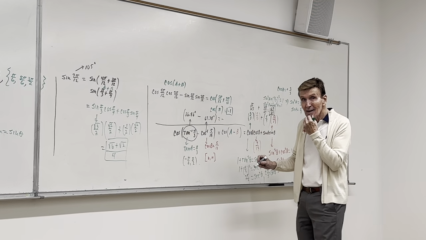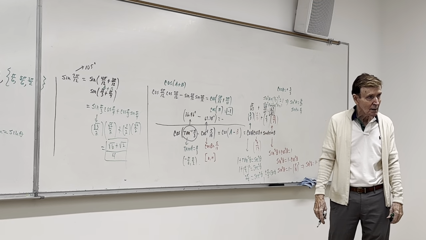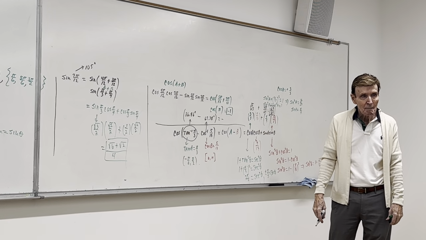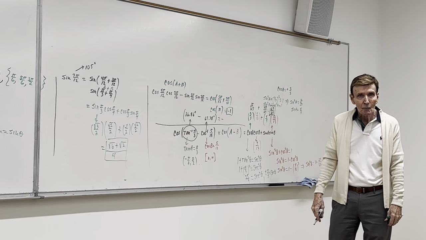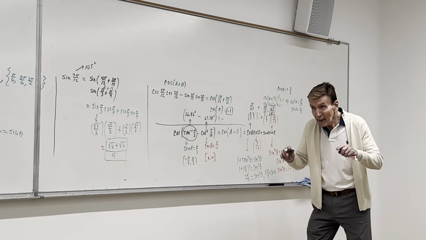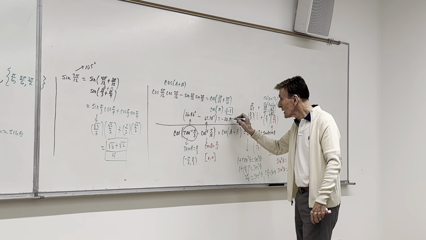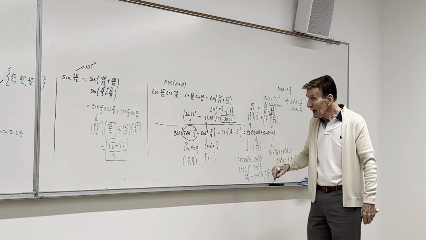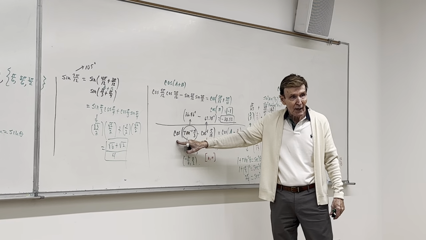Negative what when you subtract those two numbers? Negative 30.52. And then on the outside, they said take the cosine of that.